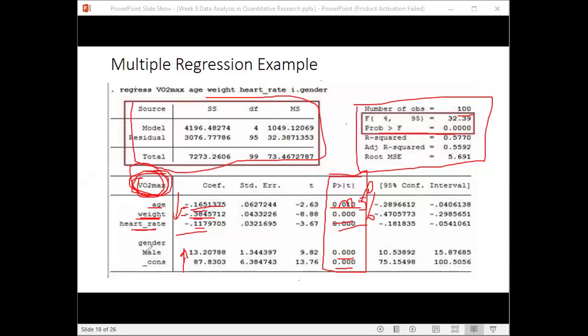Now let's look at this. Male. Okay, male is a categorical variable. So you're either male or female. What they have put here is male having the value of 1 and female having the value of 0. So this is male and this is female. Whenever you want to use a qualitative variable in a quantitative analysis, we call something a dummy variable.